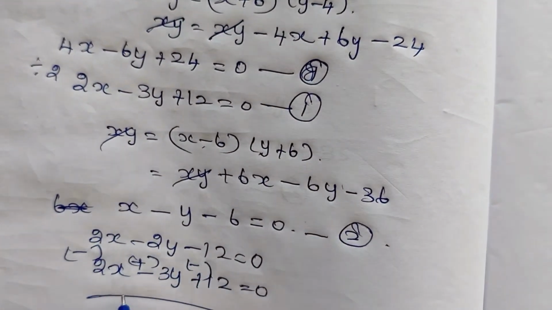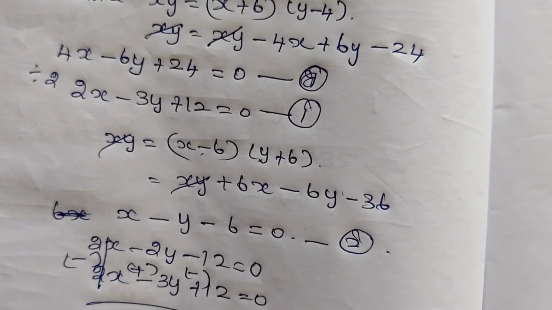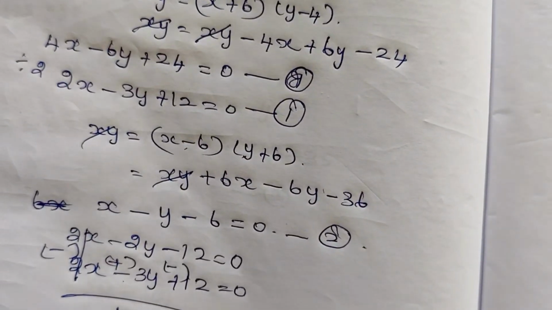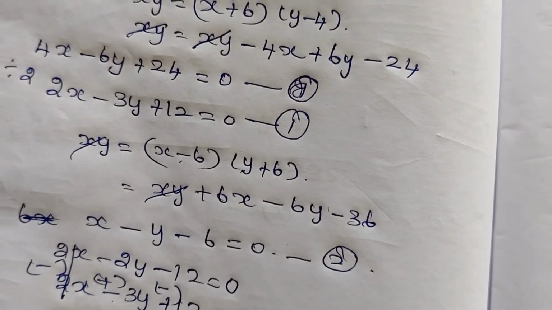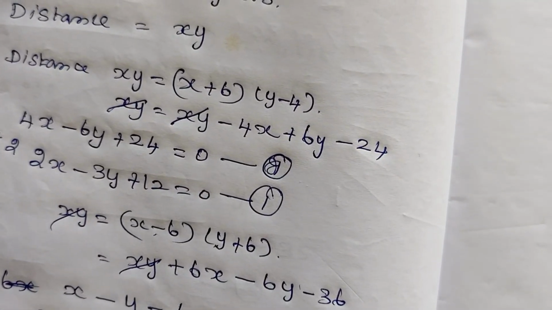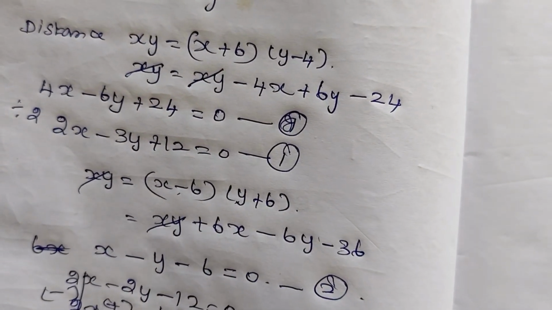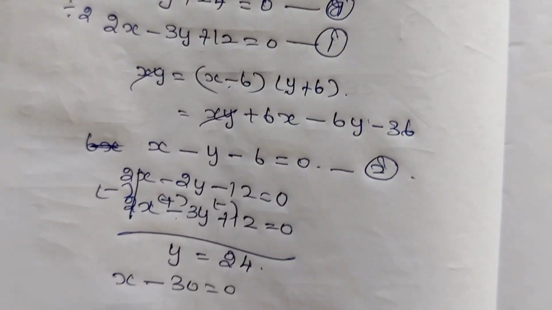So here x cancels, and plus 3y minus 2y... y equal to 24. Next, substituting y in the equation number 2: x minus 24 minus 6, that is x minus 30 equal to 0. So x equal to 30.